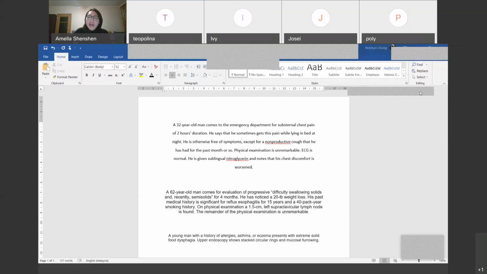Okay. All right. So with that said, let's go back to this case. A 32-year-old man with the differential diagnosis that we had earlier. We've talked about MI, and different types of angina: stable angina, unstable angina, Prinzmetal angina.